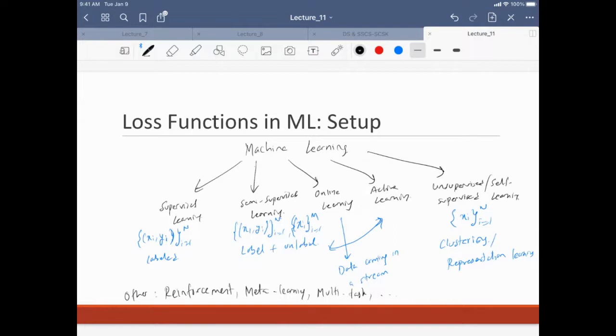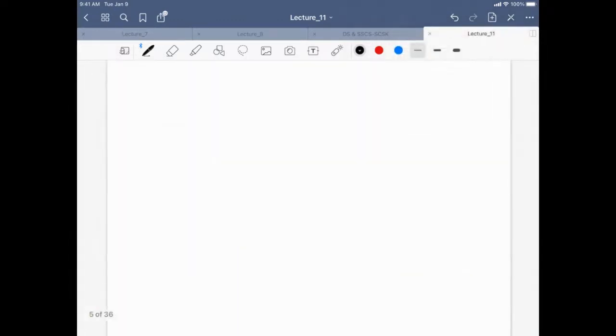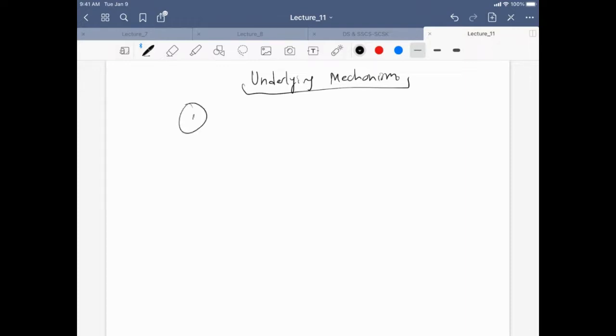There are actually several other forms of learning, and each of them has a slightly different twist. But at the end of the day, for any of these tasks, there is in some sense an underlying mechanism, and this underlying mechanism would basically involve the following steps.